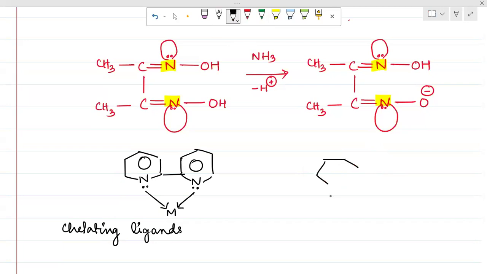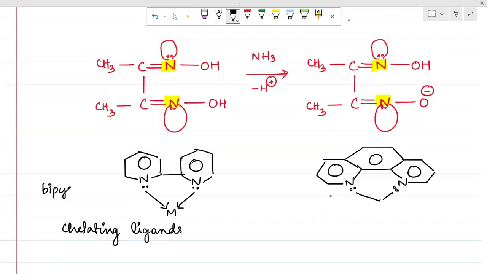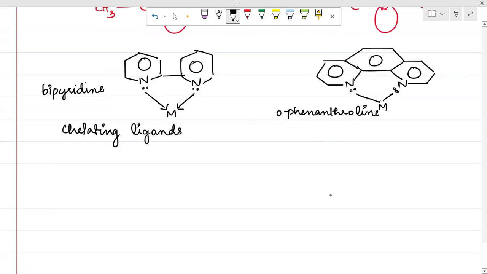Sorry. It's like this. Then from here you have the next one, and over here you have the third ring, and these lone pairs. So this is phenanthroline, and it is donated to the metal and this becomes orthophenanthroline. You just understand the concepts.